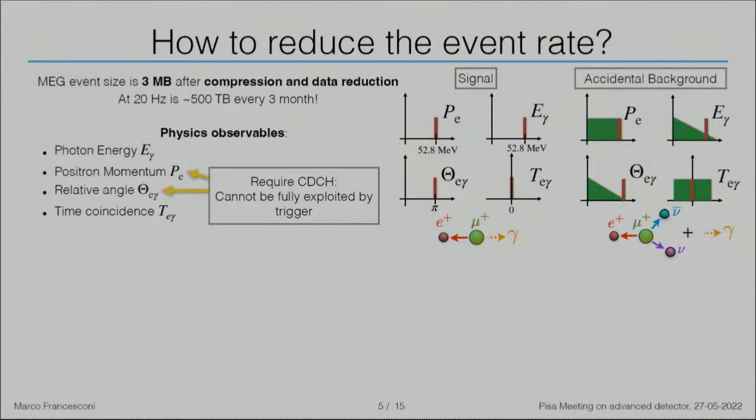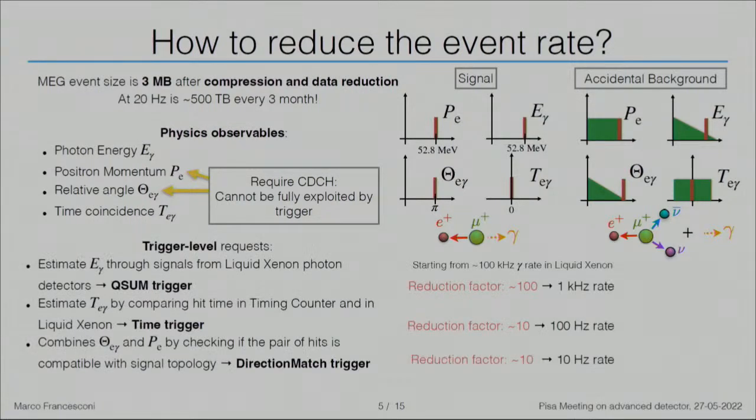Unfortunately, almost all of the variables that have to do with the positron are very hard to use at trigger level because the cylindrical drift chamber, which is the heart of the tracking system, cannot be exploited because of the drift time that is present in the detector. So the other variable that we can use is, of course, the time coincidence of the 2 particles. And then we have another possibility that I will present to you later.